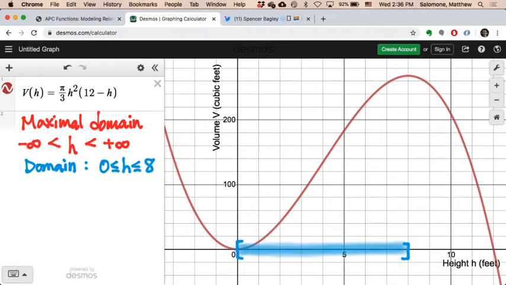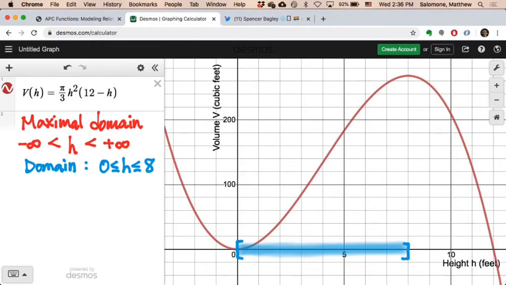If we're just thinking about what values this function can take on, what values v can have, I take the whole graph and I squish it onto the vertical axis. How much of the vertical axis does it cover? It's a little bit harder question.